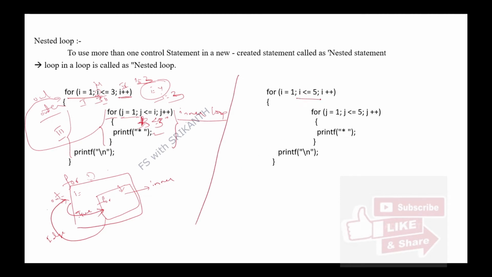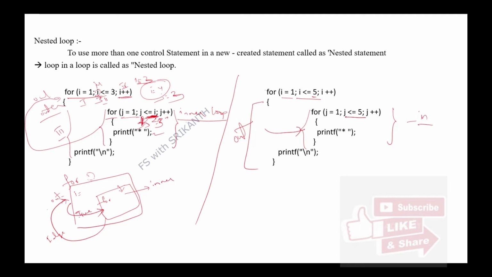So i starts at 1 and the maximum is 5 we are taking. This is the outer loop, and this is the inner loop. When the outer condition is true, the trigger enters the inner loop. But here you observe the condition is 5, whereas in the previous program the condition depended on the outer loop.